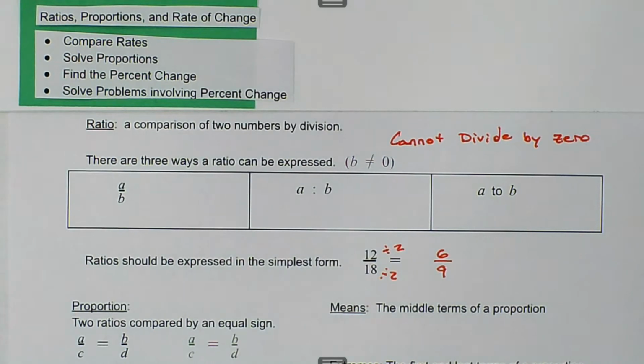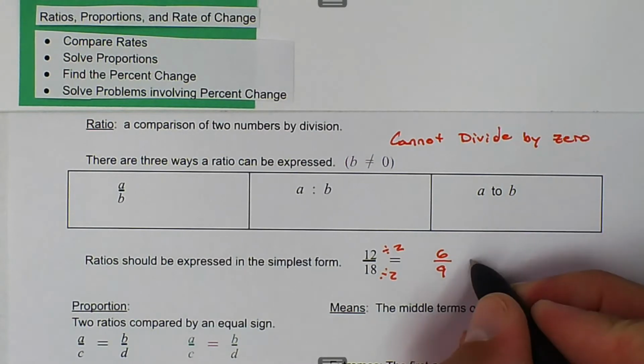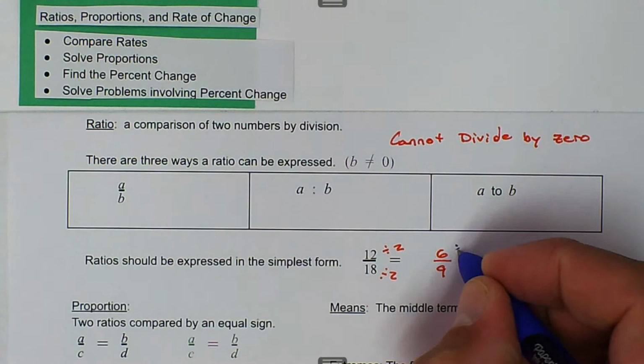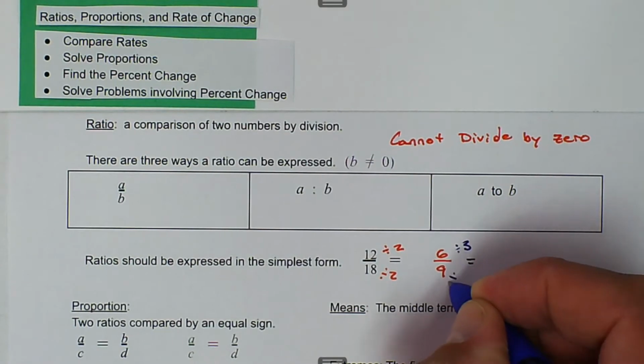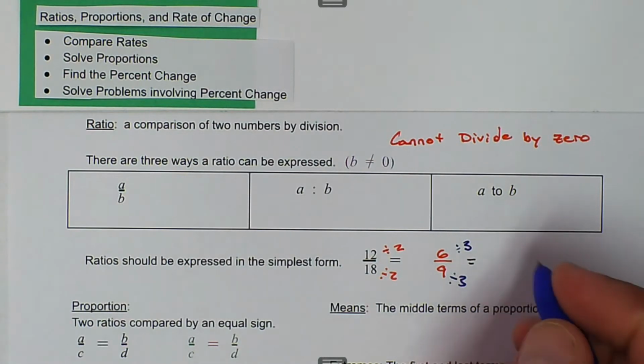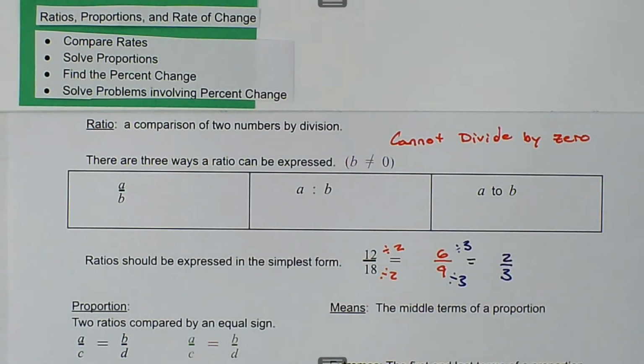Then we can further reduce this because they're both divisible by 3. So we divide 6 by 3 and 9 by 3, and we're left with 2 over 3 in the simplest form.